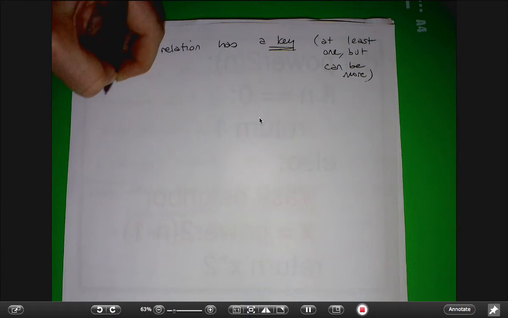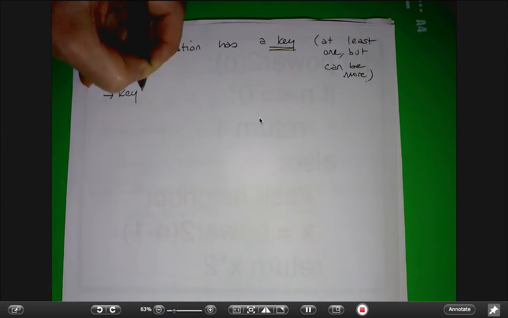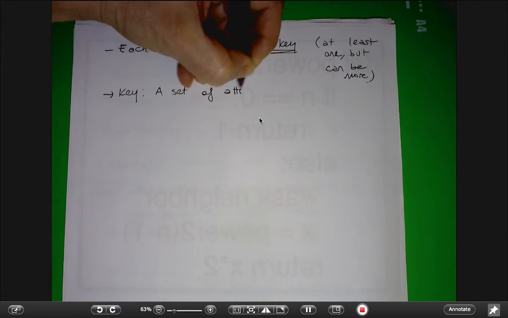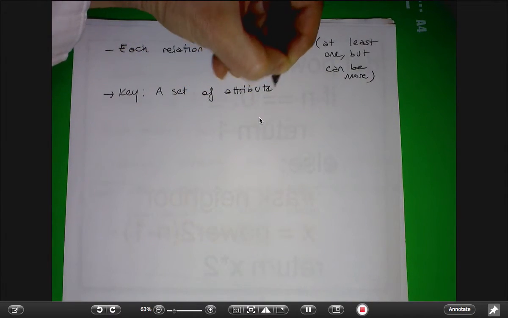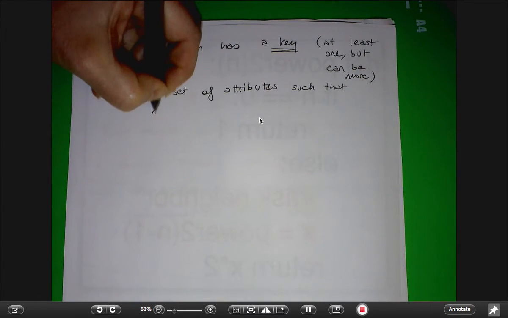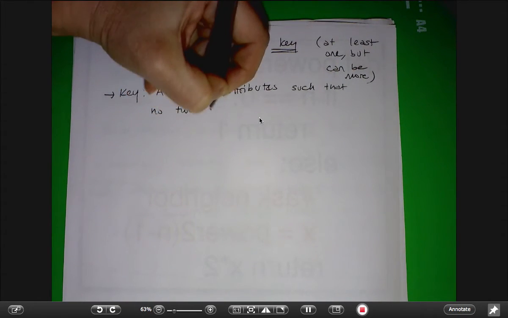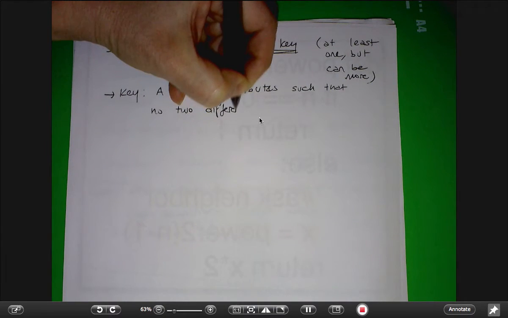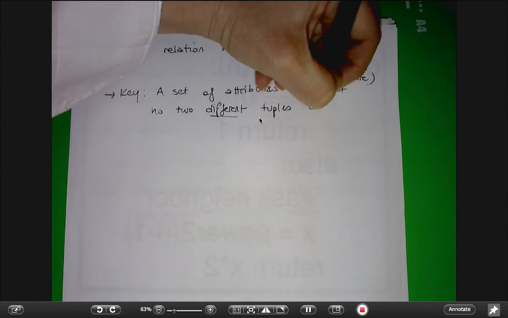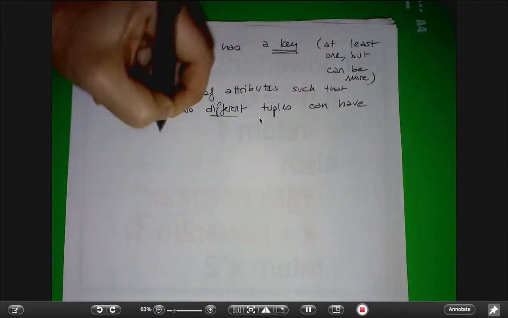So a key is a set of attributes such that no two different tuples can have the same value for the key.